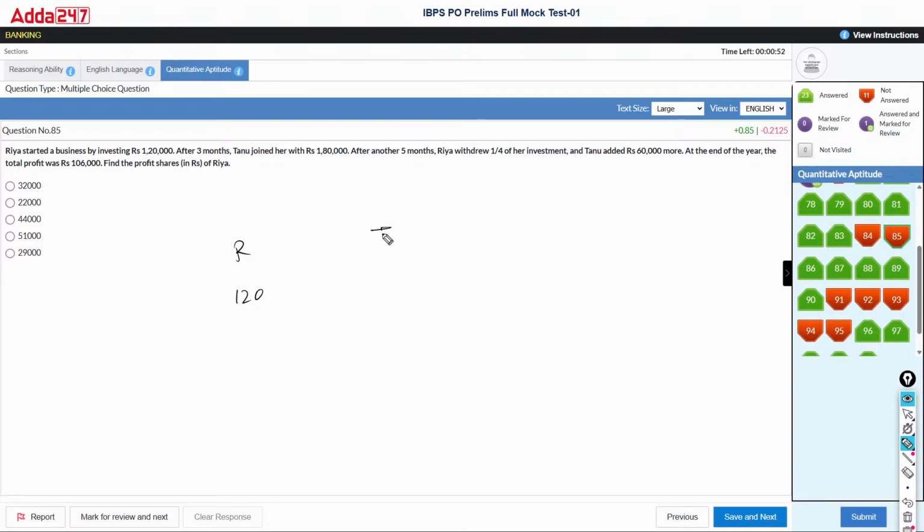Ria started a business with 12 lakh or 1.2 L. After 3 months, Tanu joined with 180. After another 5 months, Ria withdrew 1/4. So this into 3, this into 8, this into 5, 1/4 withdrew, and Tanu invested for the remaining 4 at the end of the year.